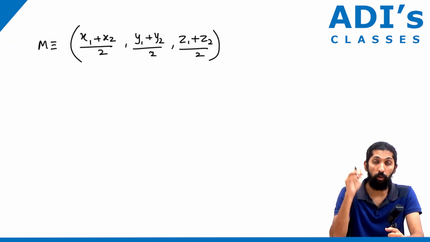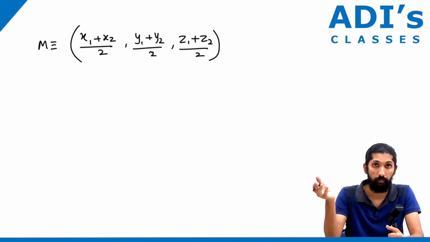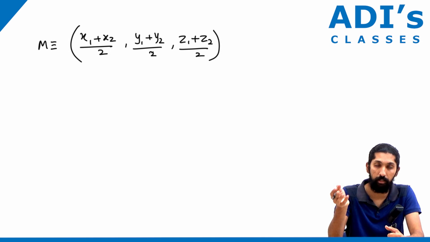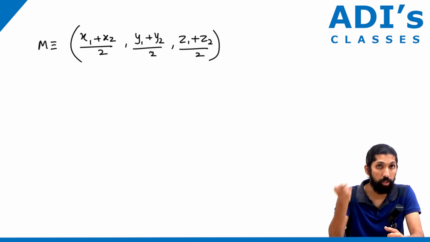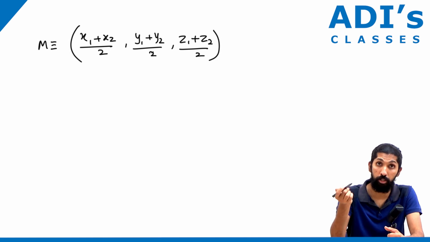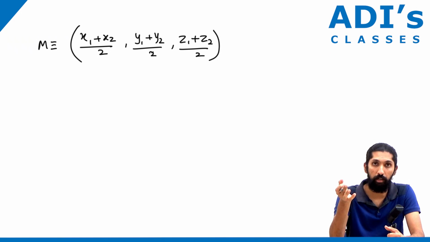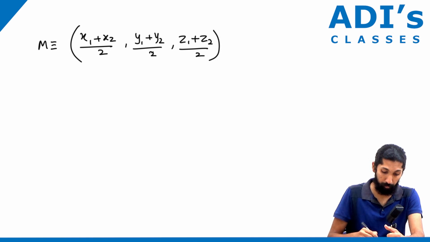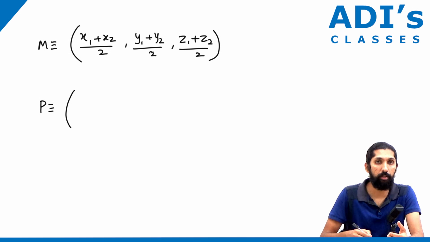Now, the next one is, what if the ratio is not given? Then you take it as lambda is to 1. Okay. So, if you're taking it as lambda is to 1, you guys have solved problems like this in 2 dimension, isn't it? It's the same thing. Suppose the ratio is not given and they ask you the ratio, then you take it as some value lambda, or you can call it k. Then the point P is going to become, again, it depends on what you're taking.